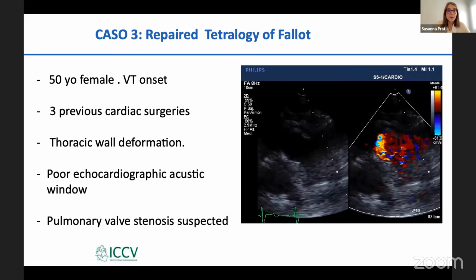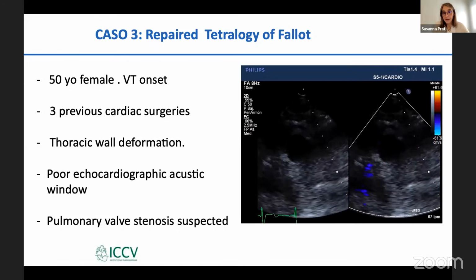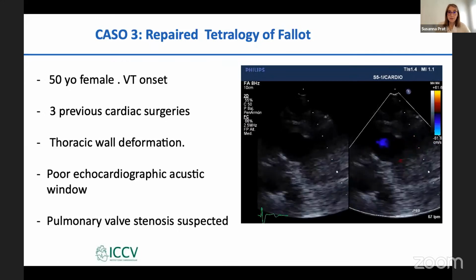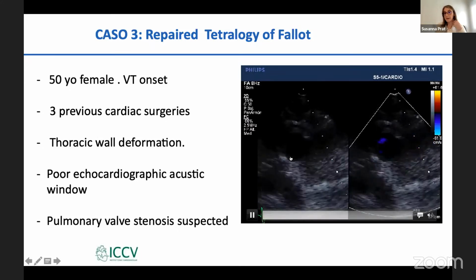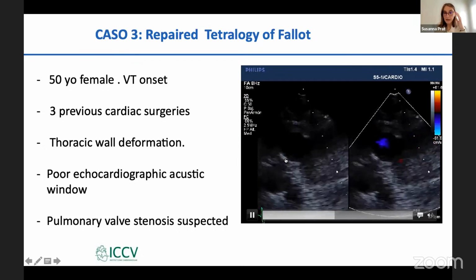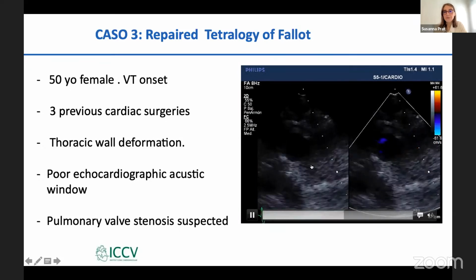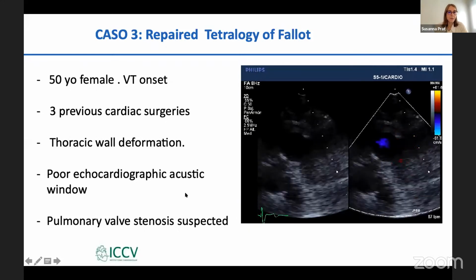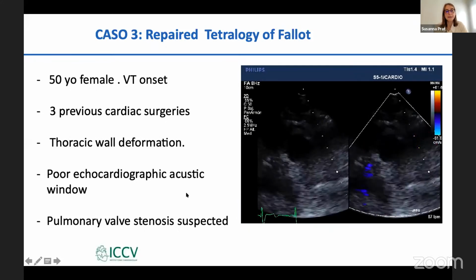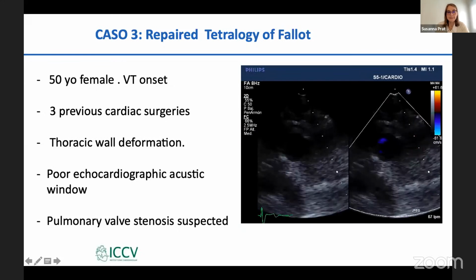For this reason, she had a poor echocardiographic acoustic window. Here is an example, a loop of the echocardiogram. We could see that at the level of the pulmonary valve there was an accelerated flow, and we suspected that she had a pulmonary valve stenosis.